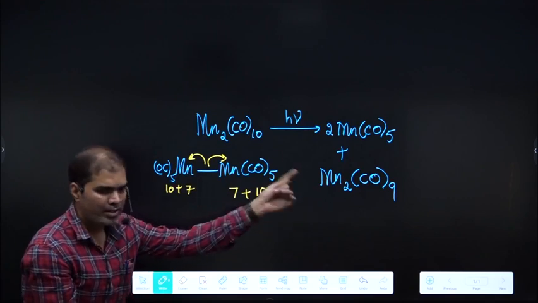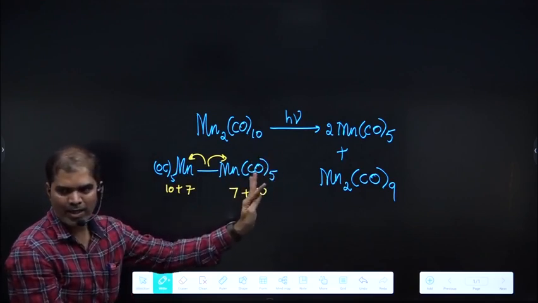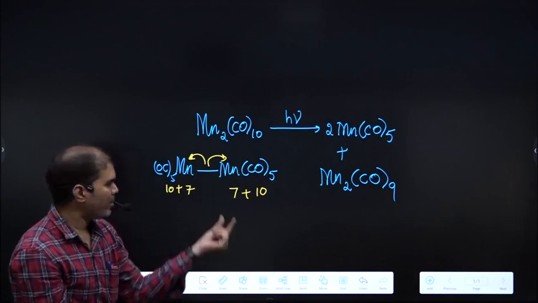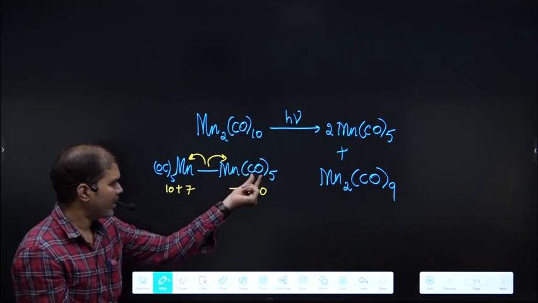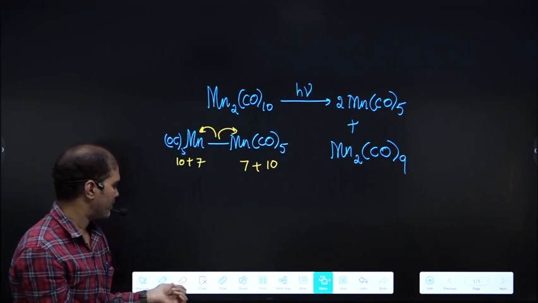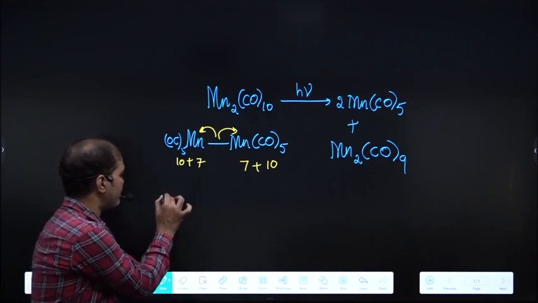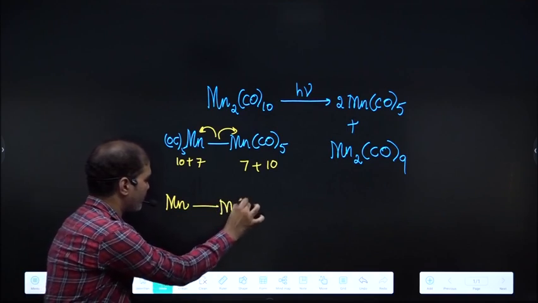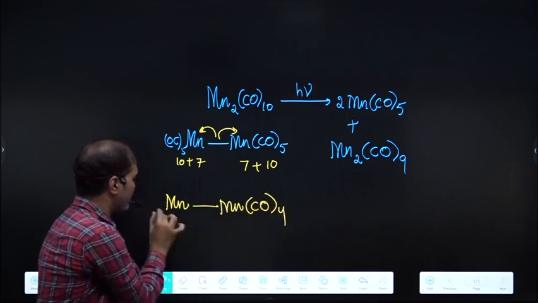In Mn2CO9, do both manganese obey the 18 electron rule? If Mn2CO10 is obeying, I remove one carbonyl, does it obey or not? One is bridging.